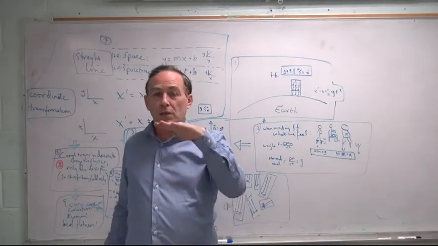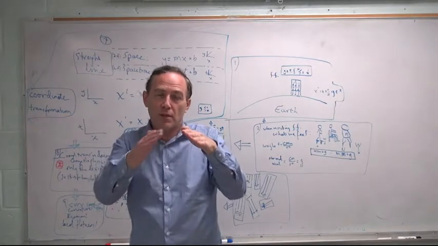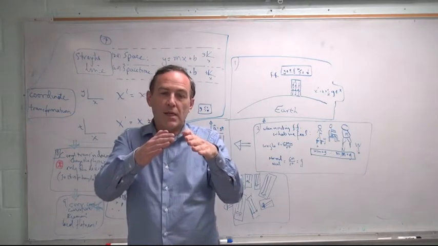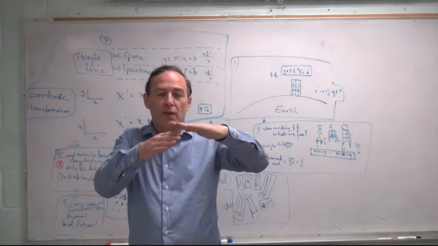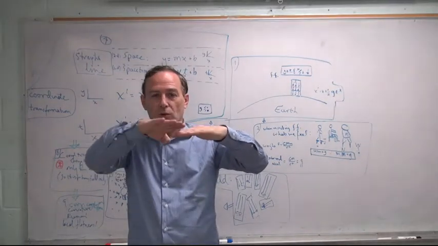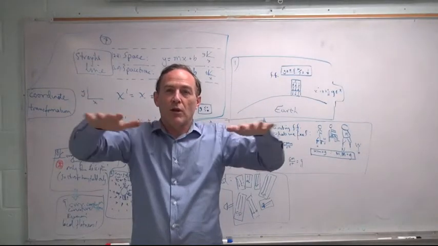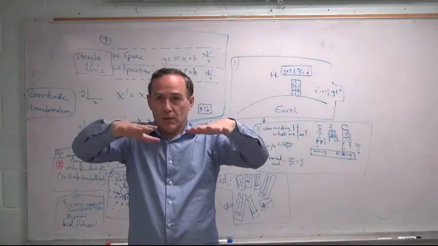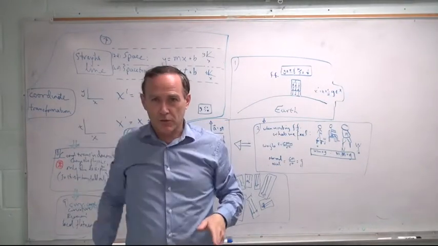Now, obviously, if you have a local patch that's flat and another local patch that's flat and another local patch that's flat, there has to be something that tells you how you go from one flat thing like this to another flat thing like that. They can't overlap. You can't extend any one region out far. Once you start extending it out a little bit too far, it's just not describing the surface anymore. You've gone off the surface.